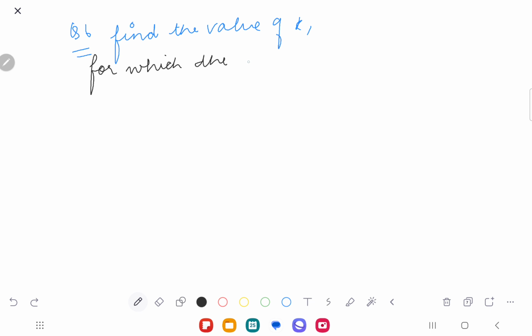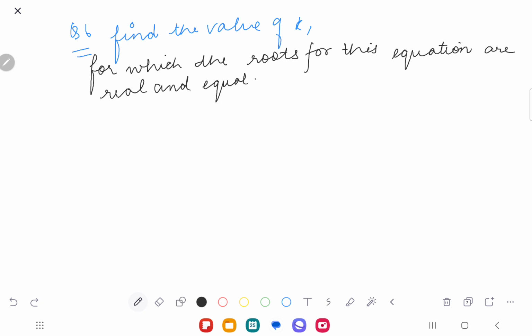Next question that we have is, now the question says this. Find the values of k for which the roots of this equation are real and equal.